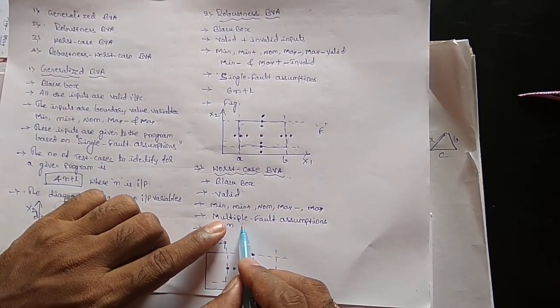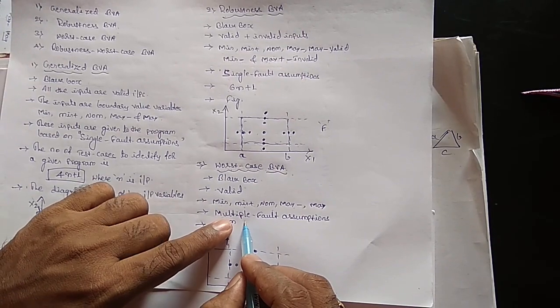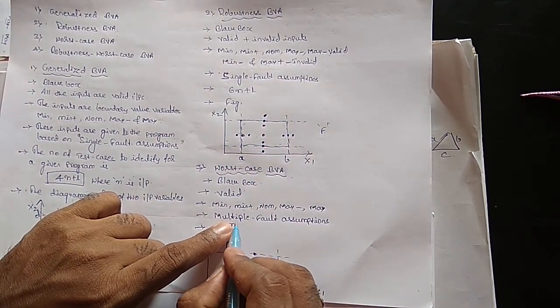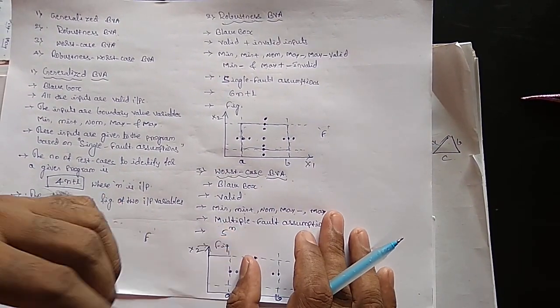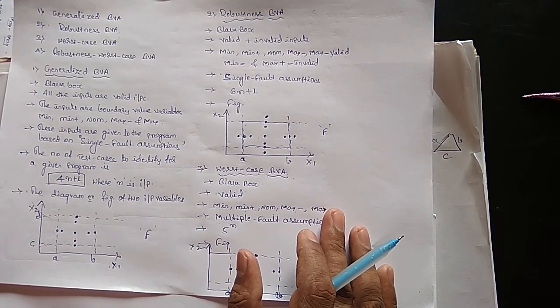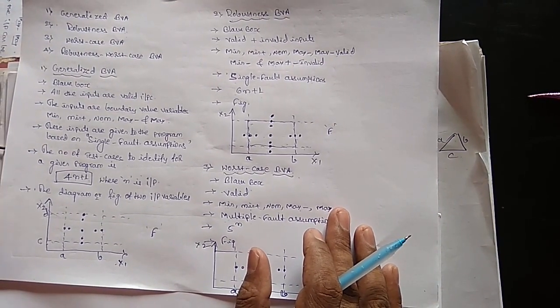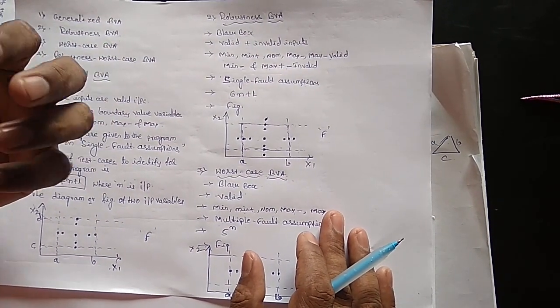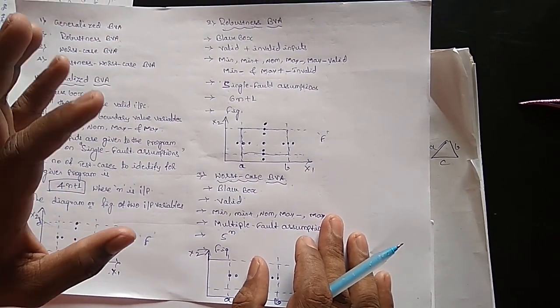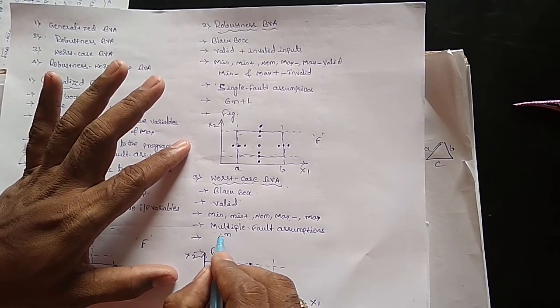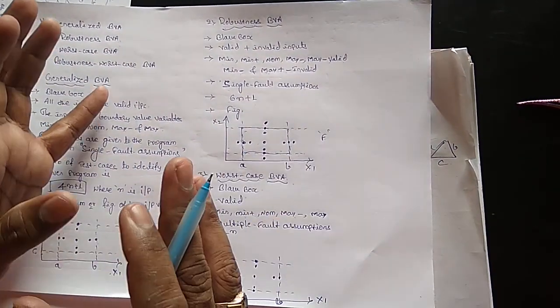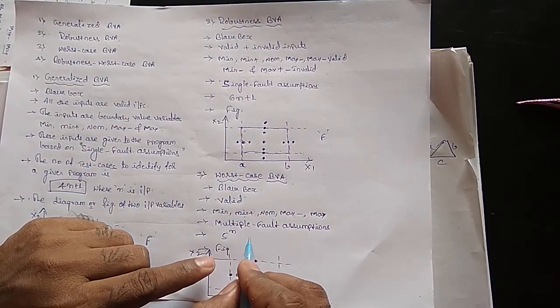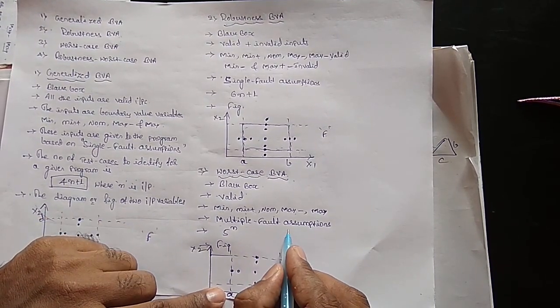But here there is no such single fault assumption. It is a multiple fault assumption. Two or more inputs are changed with respect to the boundary values, and other inputs also change. There is no such restriction here, so all the input variable values keep changing across different sets of input parameter lists.